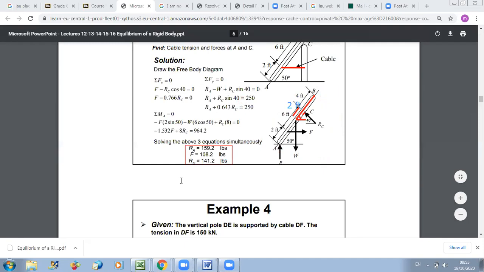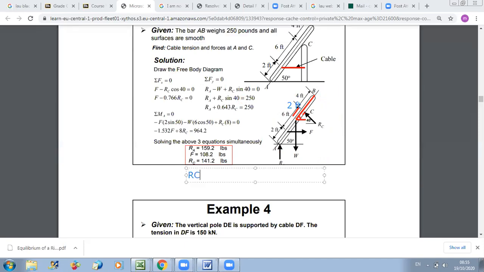So you should add, so you already have T times 6 sine 50. And now you will add plus the weight, plus W times 2 cosine 50, okay?